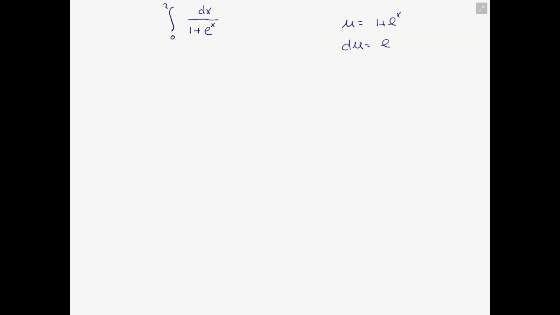We have u equals 1 plus e to the x, du equals e to the x dx. So dx equals du on e to the x. So e to the x equals u minus 1.